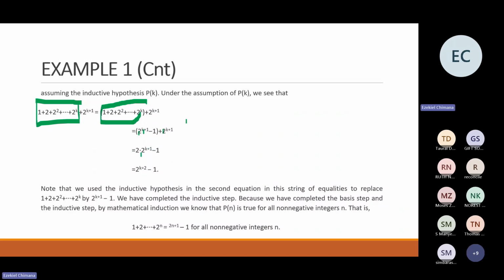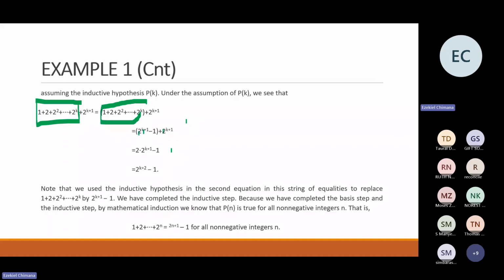Then whenever you are multiplying numbers with the same base, you can always add powers. I'm sure you know that law in laws of indices. Whenever you are multiplying numbers with the same base, you can add what?